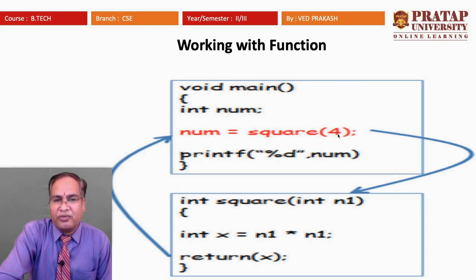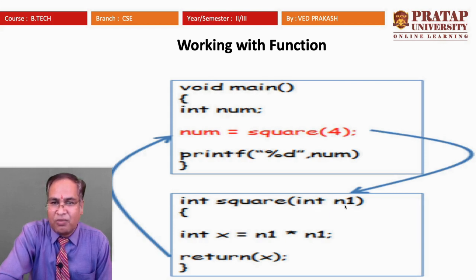So when we make the function call, the control is transferred to the called function, and when control is transferred to the called function, then the actual parameters send their copies to the formal parameters. The parameter in the calling function is known as the actual parameter, and the parameter in the called function is known as a formal parameter.